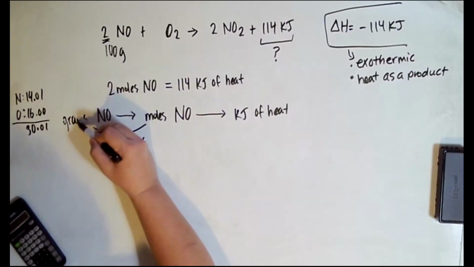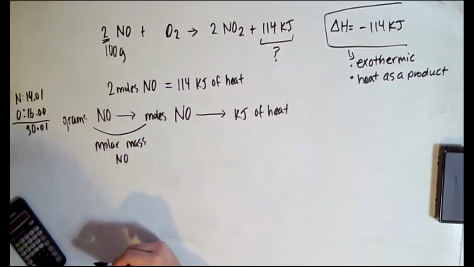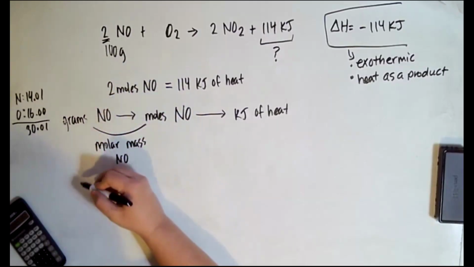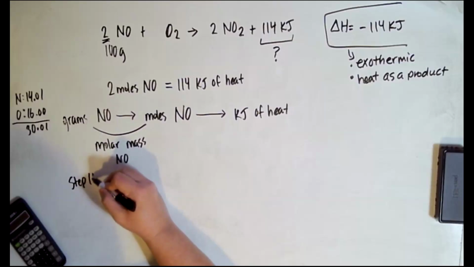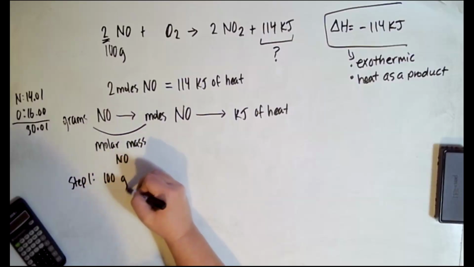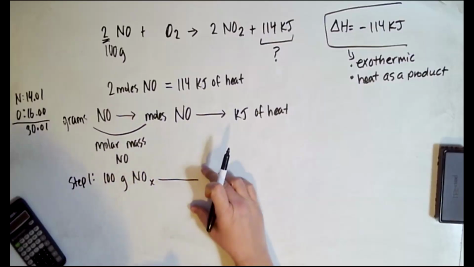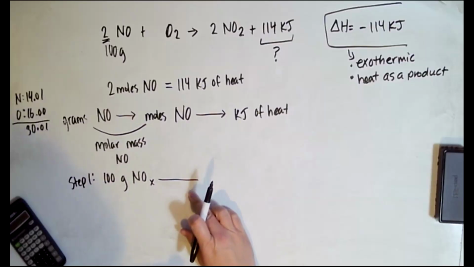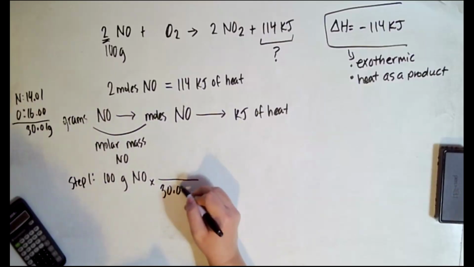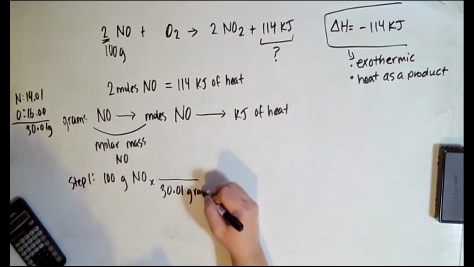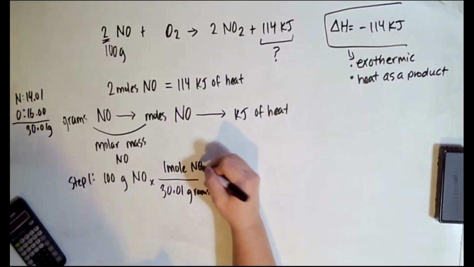Okay, so 30.01 grams per mole for that. So if I'm starting out with 100 grams of the nitrogen monoxide gas, in my conversion factor, I'm going to put my grams value on the bottom so that it cancels out, and my mole value up top.